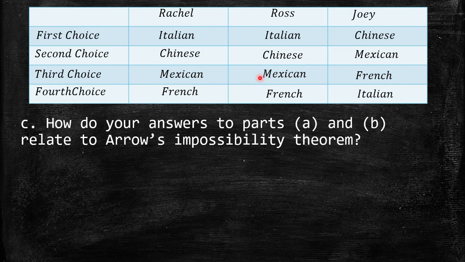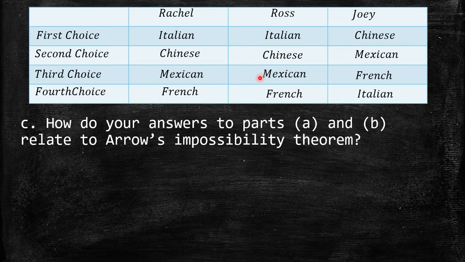Then the question is part C. How do your answers to parts A and B relate to Arrow's Impossibility Theorem? Remember, Arrow's Impossibility Theorem establishes that it is not possible for any voting system to be perfect.